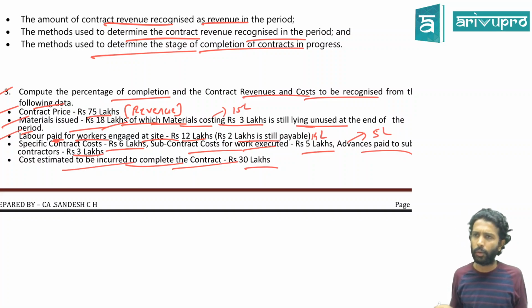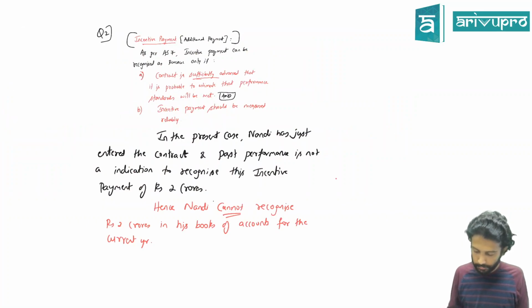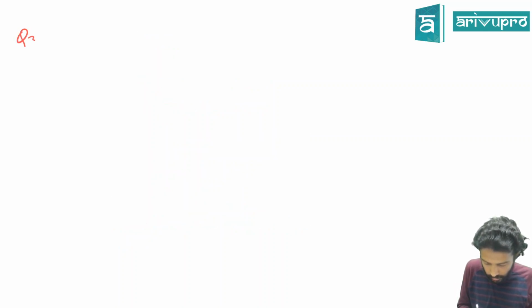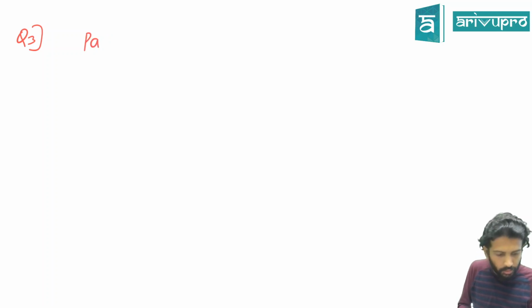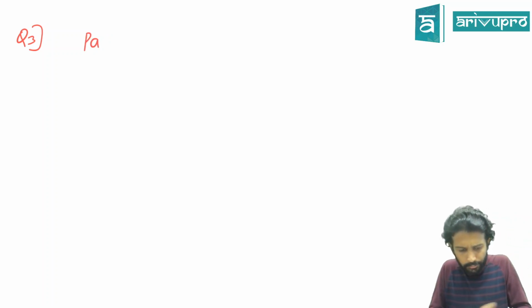Simple problem. Can we do it? Okay, this is question number Q3. Cost incurred till date. In fact, you can make 2 columns. Are they given whose books and all? Not given.